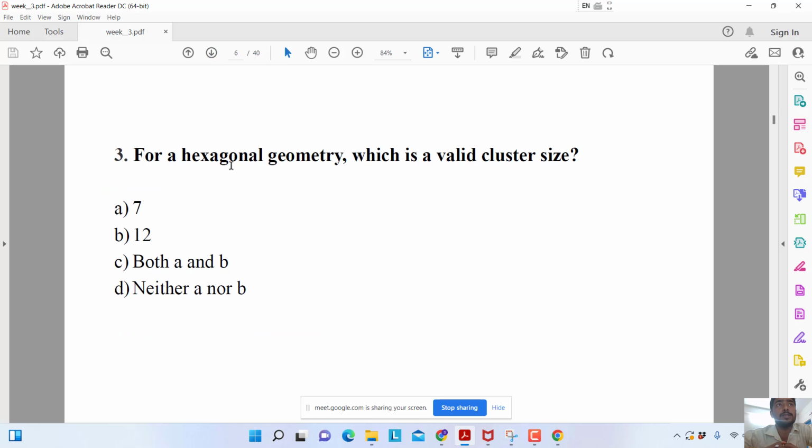Now we will take question number 3. What is question number 3? For the hexagonal geometry, which is the valid cluster size? We have 4 options. We have to tell which is true. Which is the valid cluster size? We make a cluster from a combination of some cells. Please try.